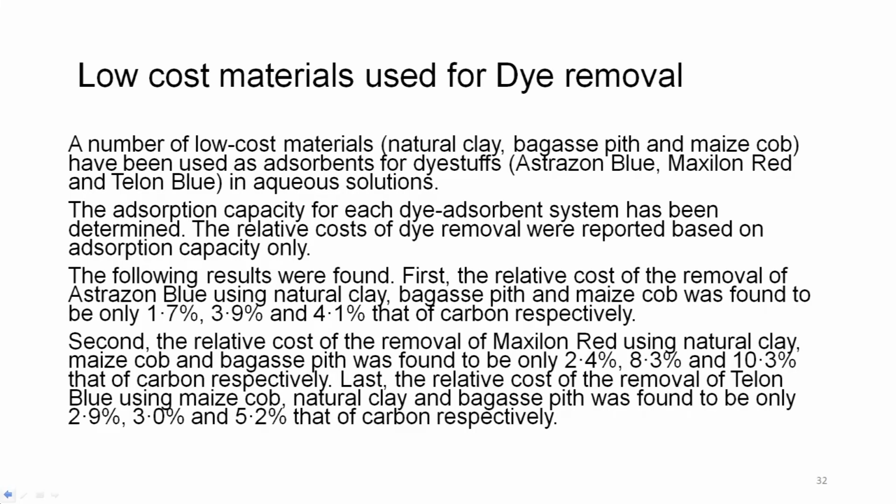Last, the relative cost of removal of Telon Blue using maize cob, natural clay and bagasse pith was found to be only 2.9%, 3.0% and 5.2% of carbon respectively, which means that although they are low cost, even their effectivity is fairly low.